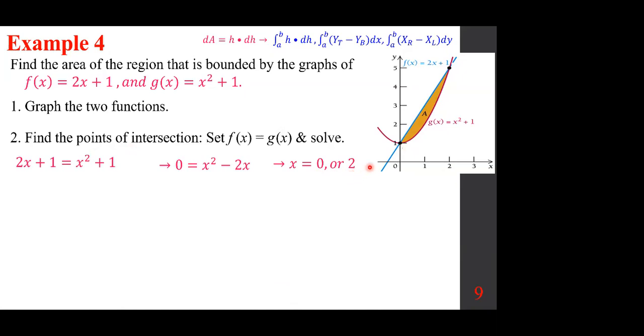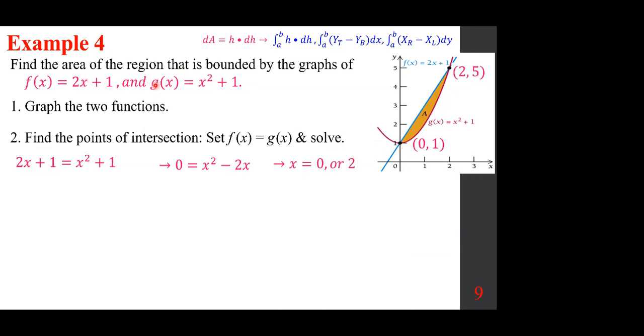Now, I think it's good practice to write the pairs. You put x into this one and into this one, and both of them should give you the answer. 0 gives you 1. And by the way, I highly recommend you try with both.